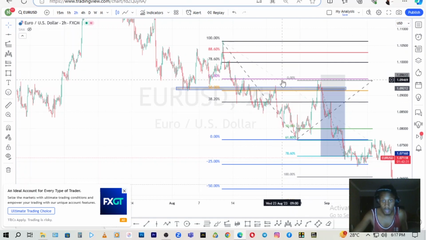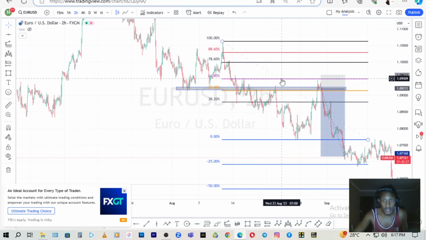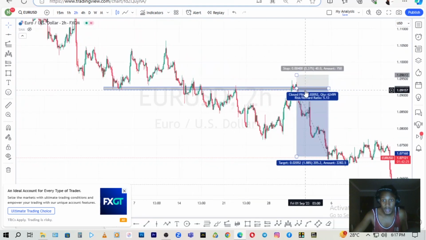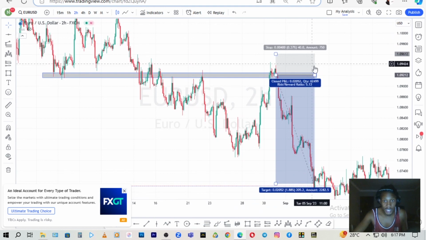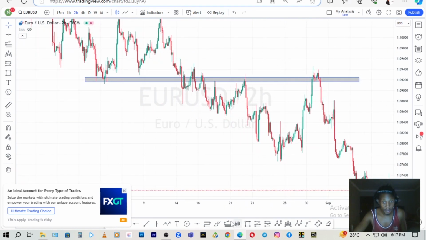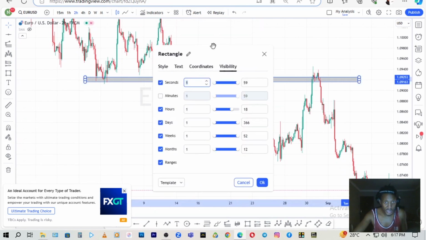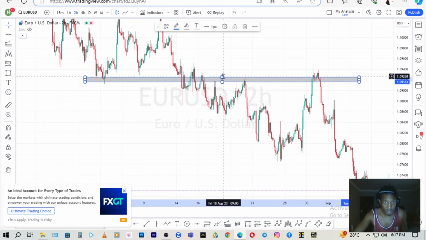Hence, let me just remove the Fibonacci so you can see that the price where I was doing the analysis is now also a flip area. Maybe this is not very visible. Let me just change the color or make it dark.